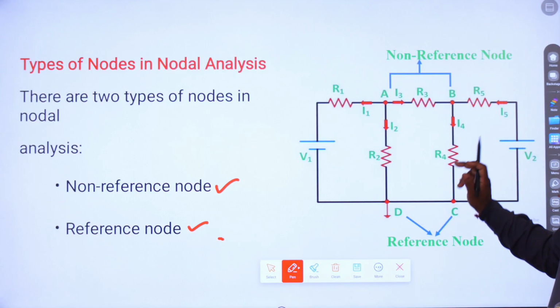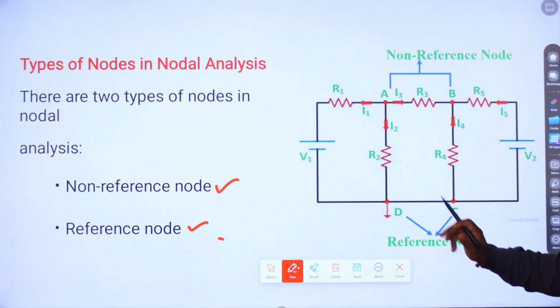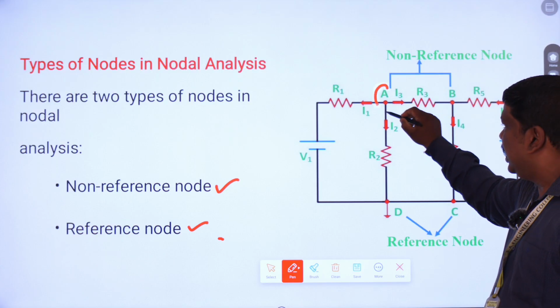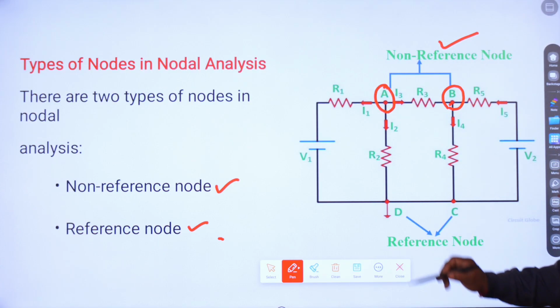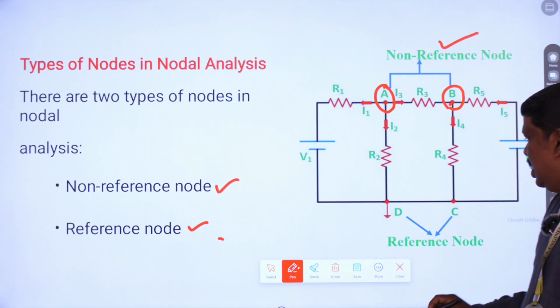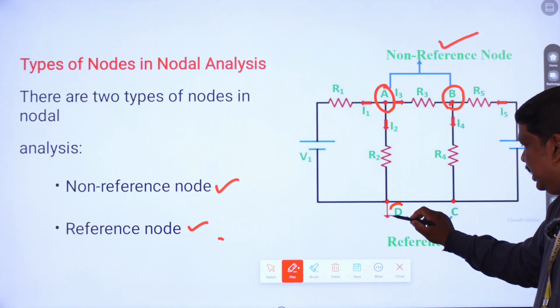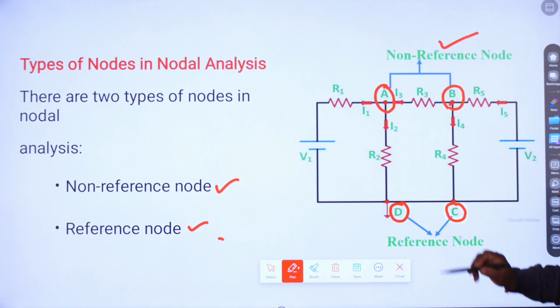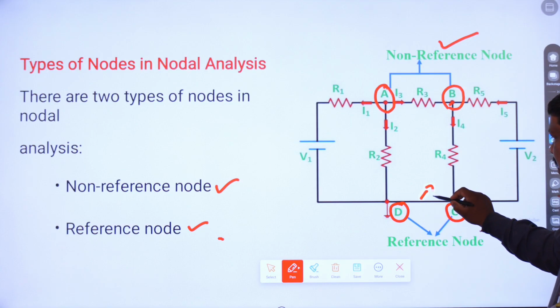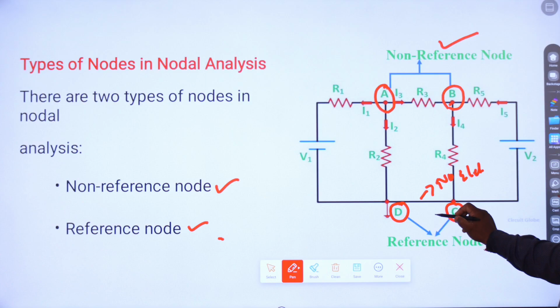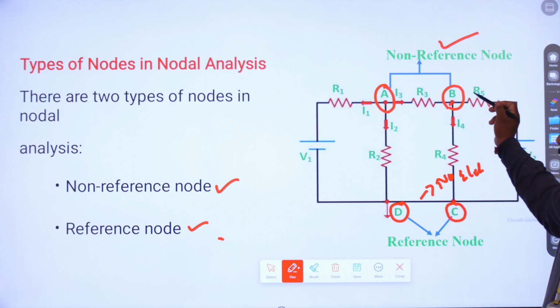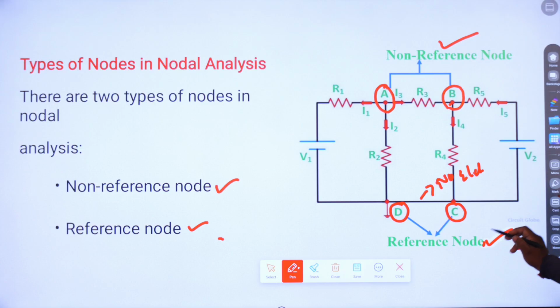In the electrical circuit shown here, two nodes are represented: node A and node B are non-reference nodes. The next one is the reference node, which is common to D as well as C. The reason is there is no element connected between the nodes D and C. So it is common for the nodes D and C, and it is represented as the reference node.